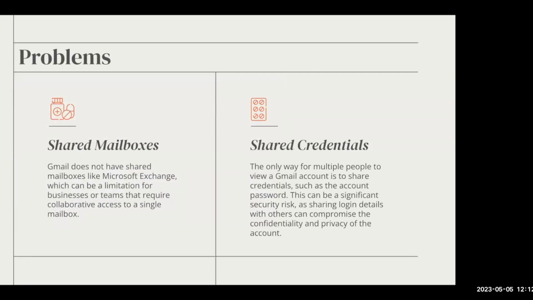The first one is that Gmail doesn't actually have shared mailboxes like its competitor Microsoft Exchange, which is the one that the university offers, and it can be a limitation for businesses or teams that require collaborative access to a mailbox. Even though it provides options such as shared labels, as I showed in the previous slide, that allow multiple users to manage emails, again, it's not as robust as a dedicated mailbox.